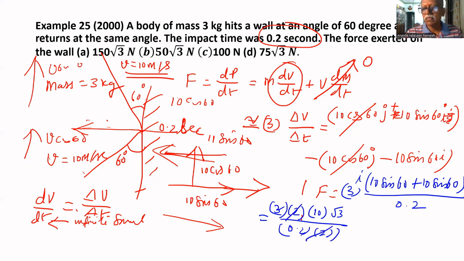The 2 gets cancelled. This is root 3 multiplied by 3 multiplied by 10 times 5, which is 50. 3 times 50 is 150. That is equal to 150 root 3. A is the answer.